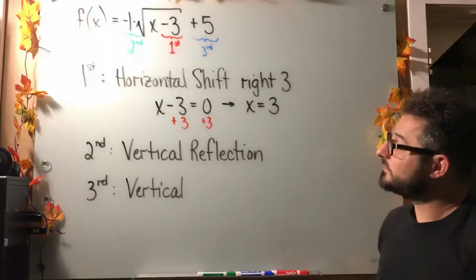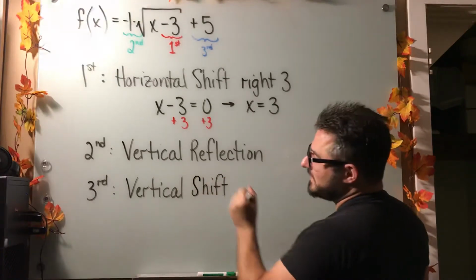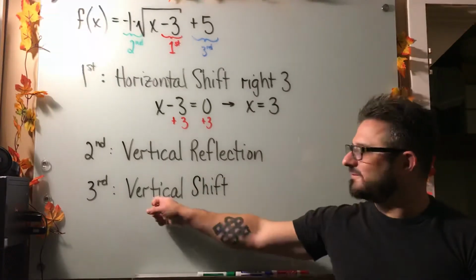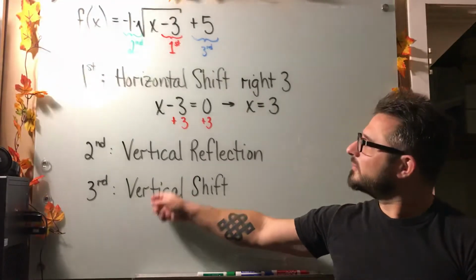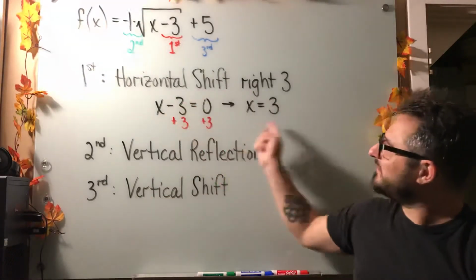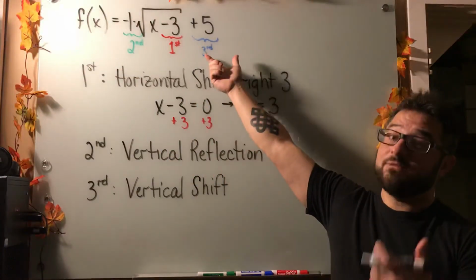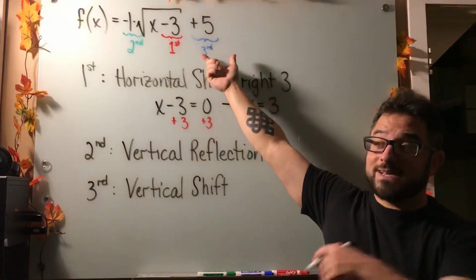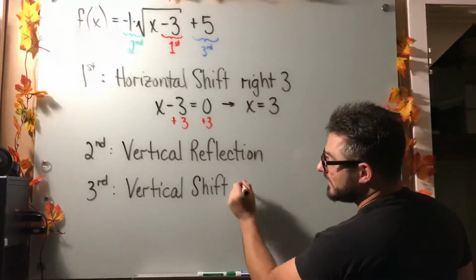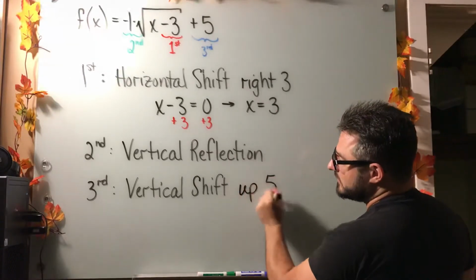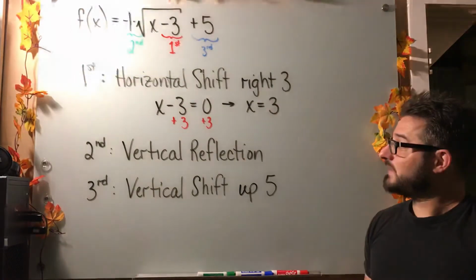That is a shift. Now, once again, vertical tends to be much easier than horizontal. With horizontal shift, we had to do something funky like that. With vertical shifts, with any vertical transformation, what it says is what you do. So if that says add 5, then we're going to go up 5. And that's simple.